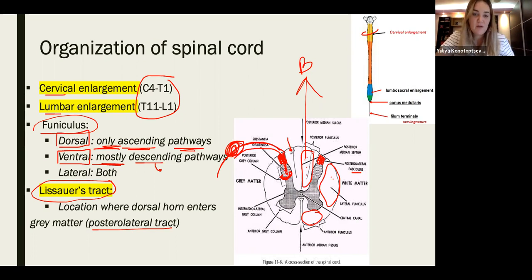So Lissauer's tract is very special because it contains axons of the sensory neurons which will synapse with interneurons in the dorsal horn. Okay, so that's what makes it special.